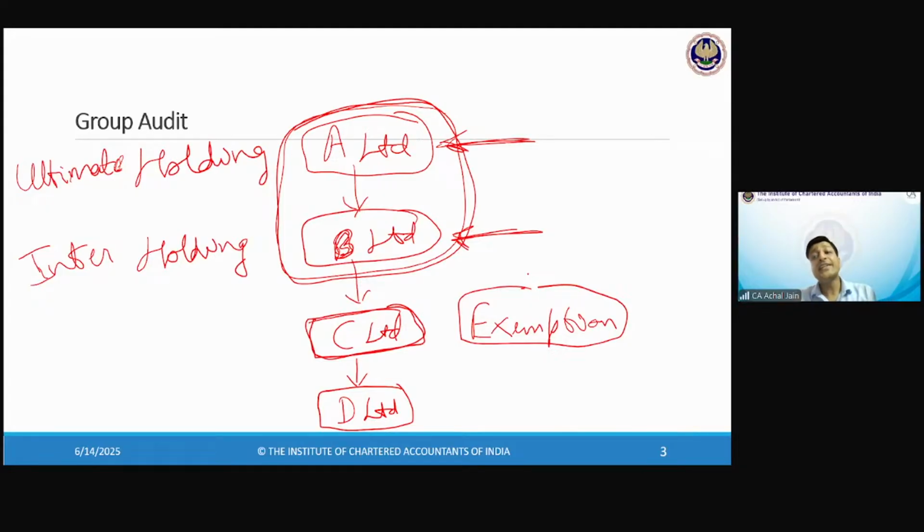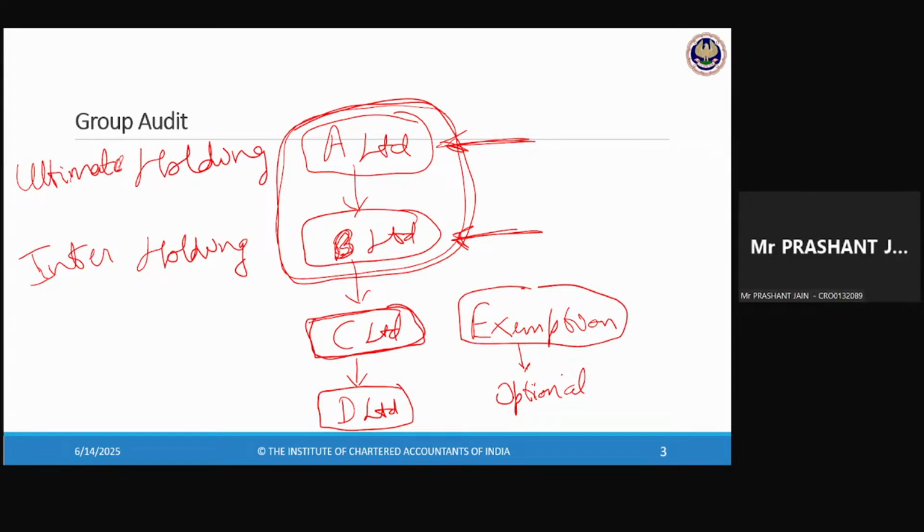But if C doesn't want to prepare CFS, that option will also be available to C. So that's why please remember this exemption is optional. Optional means if C wants, it can avail. But yes, this exemption or option comes with certain conditions, the conditions which we just discussed. Everyone clear? Any questions on this?